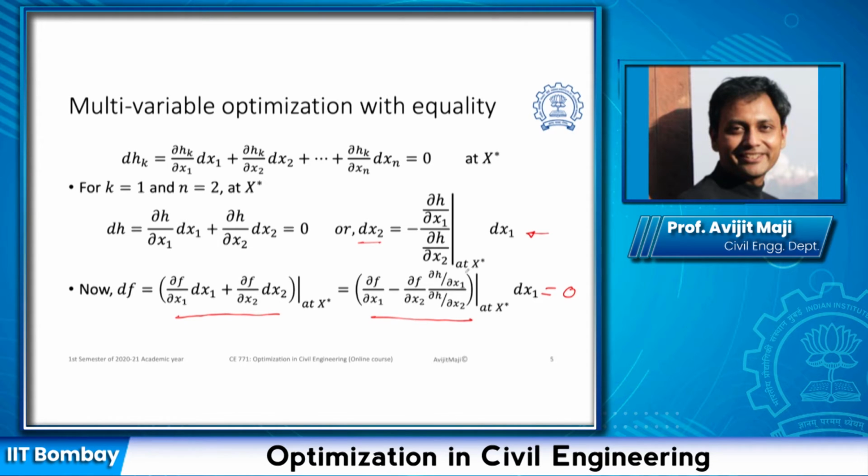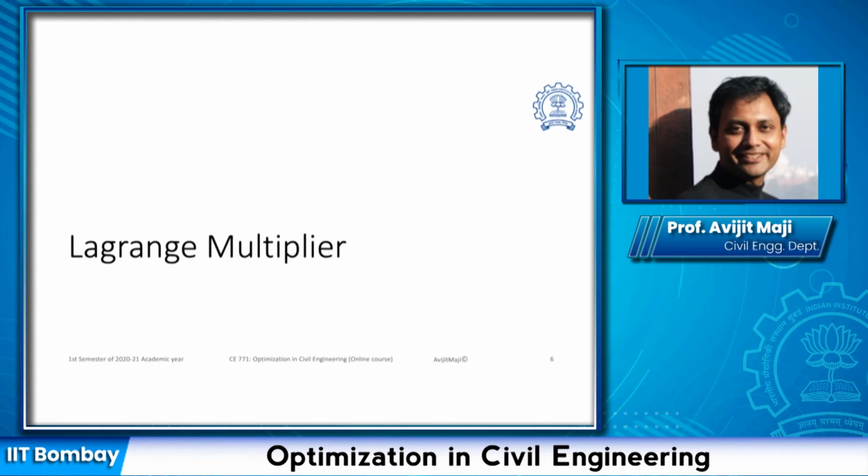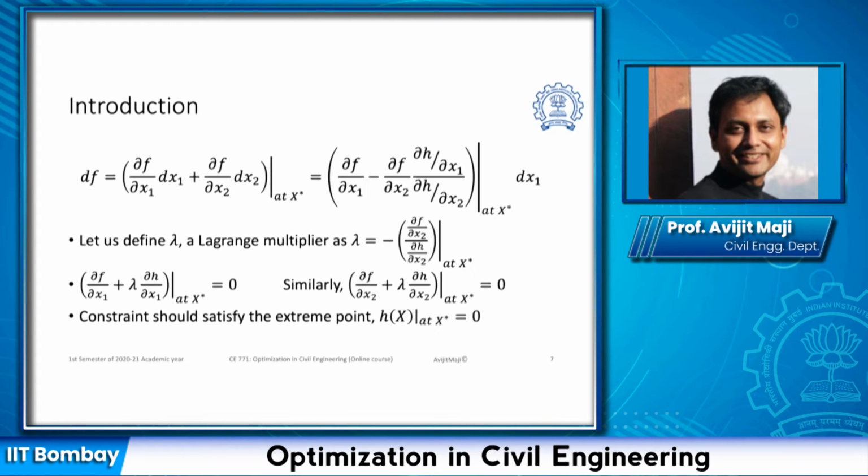Now based on this basic understanding, we'll look into how we can introduce the concept of the Lagrange multiplier. As I said, we have obtained this equation, which is equal to 0.